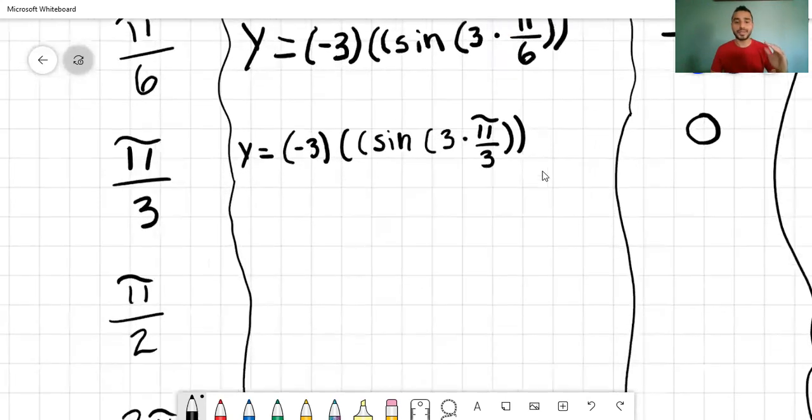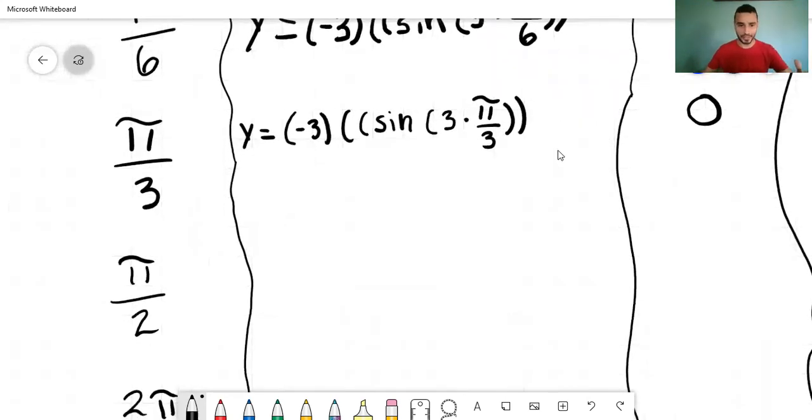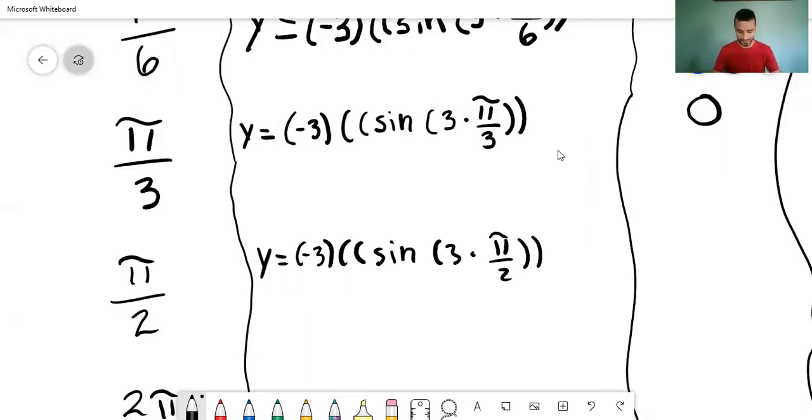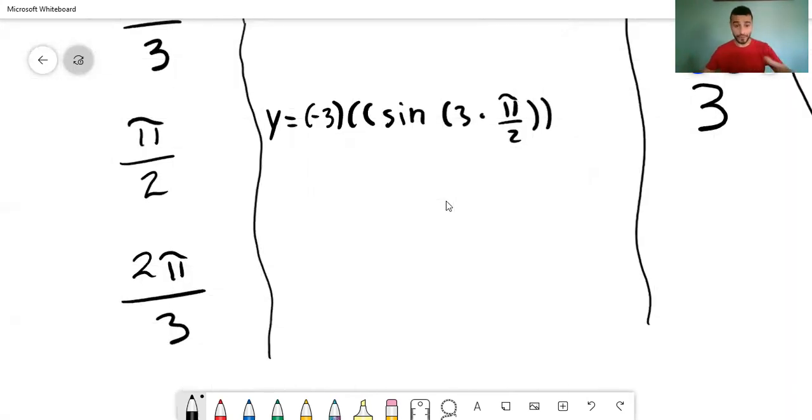And we repeat the same thing with the other two values. Y is equal to -3, double parenthesis, sine 3 times pi half, and I double close parenthesis. If we repeat that, the answer, I'm going to do it here in my calculator, must give you +3. So we put it here, look, 3. And we finally get to the period.